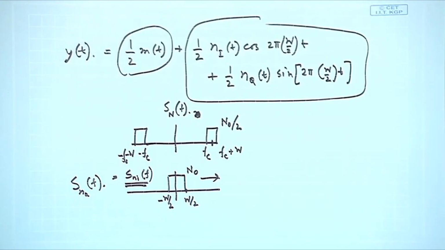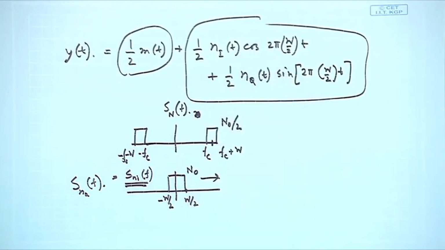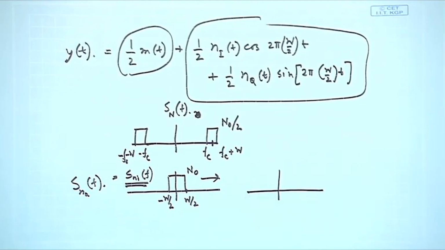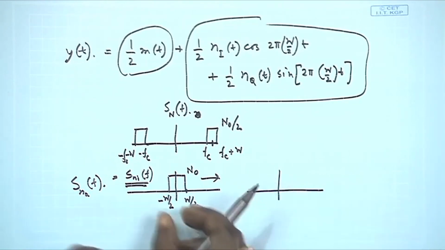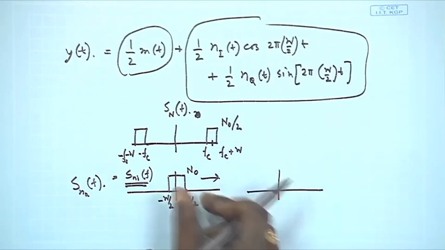So, there will be a shift of W by 2 in this side as well as this side, and because it is a multiplication with cos, it must be 1 by 4. So, what do I get? So, this N0 will become N0 by 4 and will be shifted to W by 2. So, this will be shifted to W by 2.